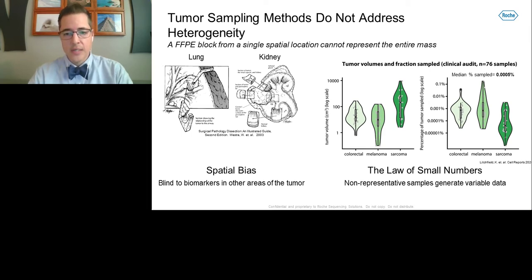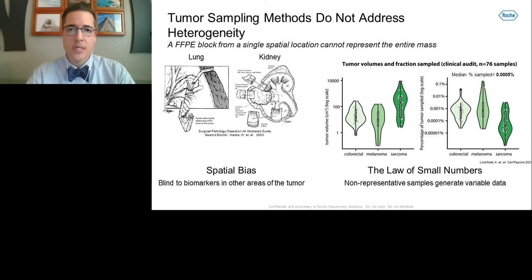And as you can see, if we just focus on the far right, the tumors themselves are about, on average, the size of a ping pong ball, whereas the amount of tumor that makes it into the PCR test is 0.0005%. And what this does is this generates the law of small numbers.